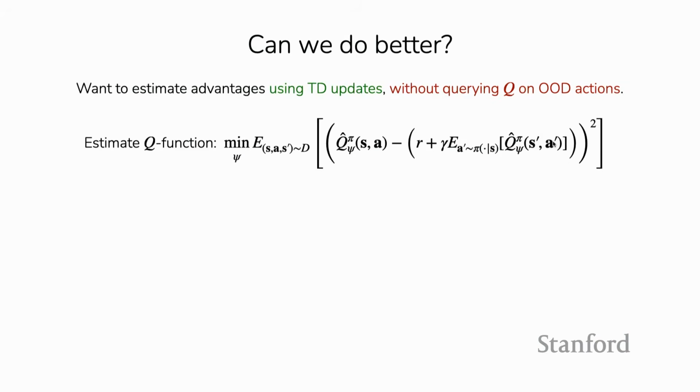Now, one very simple thing that we could do is instead of querying actions sampled from the policy that we're learning, we could just sample A prime from our data set. This is a very simple modification. And this will make sure that the A prime that we're seeing is actually always seen in the data. And we will actually have supervision targets for this S prime A prime. So this is a very simple modification to this objective.